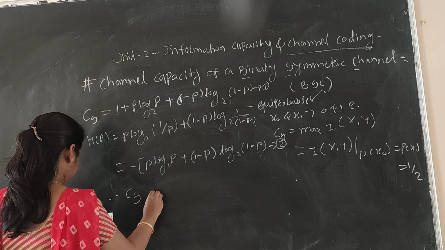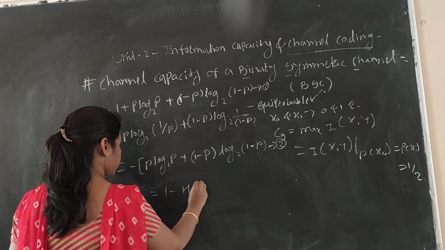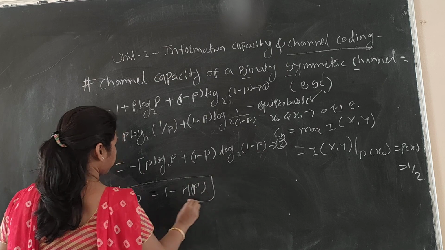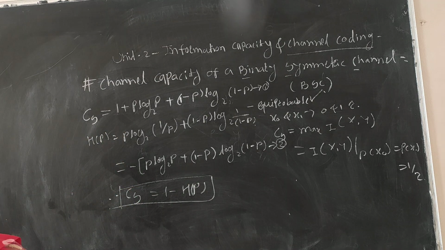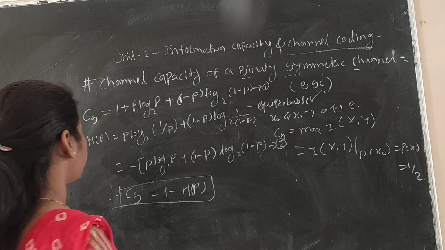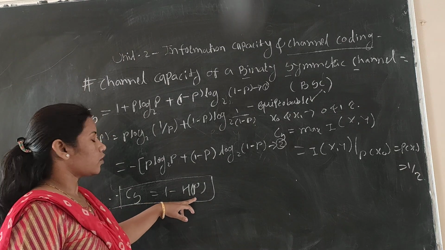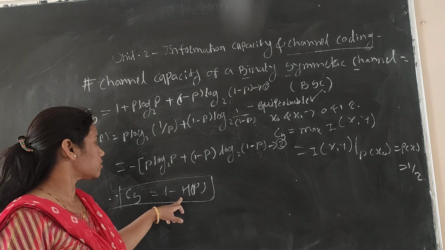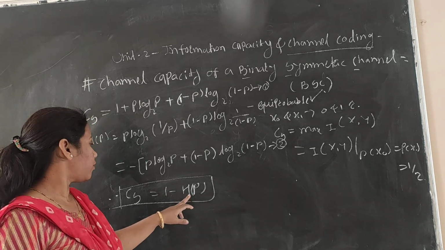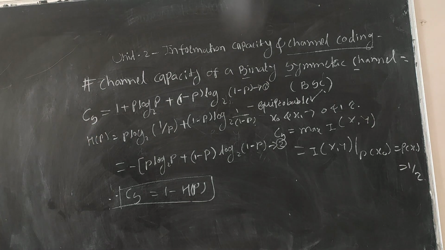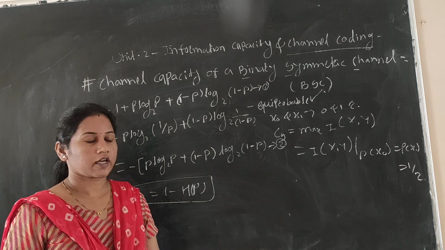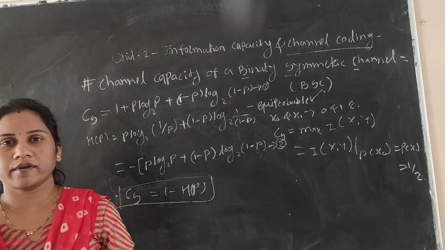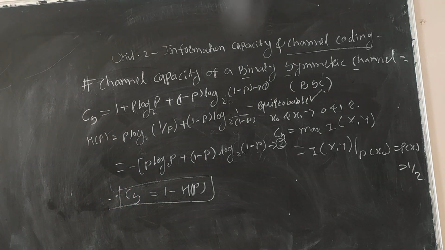Hence the channel capacity C_s = 1 - H(p). Why is it 1 - H(p)? Because from the previous equation, we get the total probability of error, the total information 1 minus the total entropy H(p). That's why in channel coding we require channel coding and the information capacity to improve the reliability of that channel.